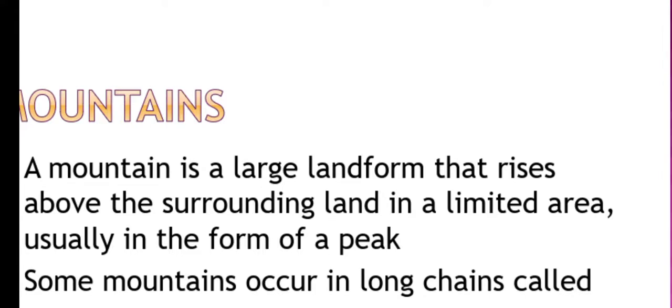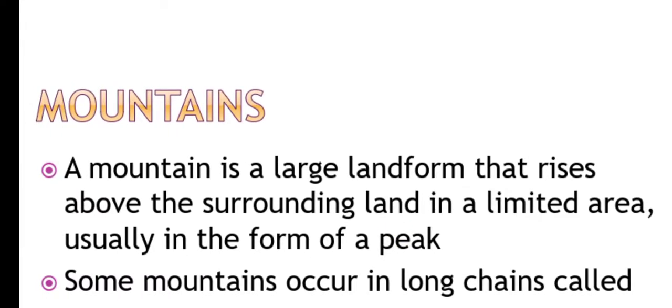A hill extends above the surrounding terrain, and in general mountains are higher than 2000 feet. So any landform that rises above the surrounding land in a limited area, usually in the form of a peak, is called a mountain.